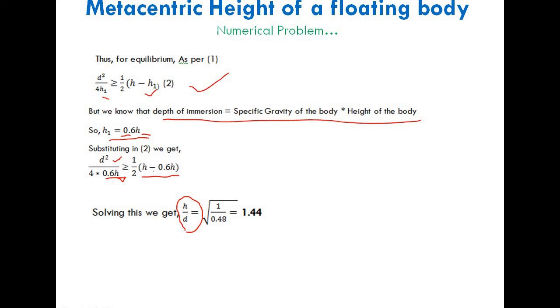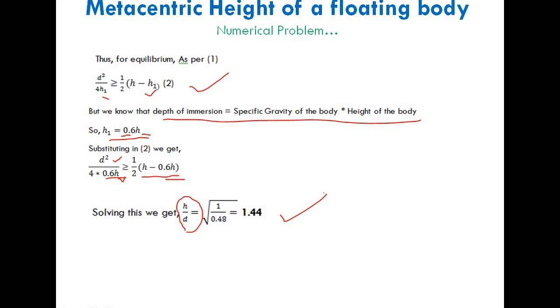So 1 by 2 into h minus 0.6h will be 0.4h by 2, that is 0.2h, and d square is here. So h by d will be the square root of 1 by 0.48, that is 1.44.